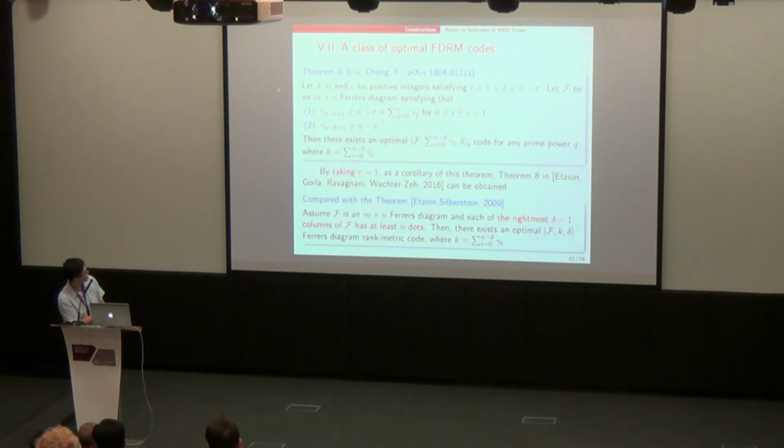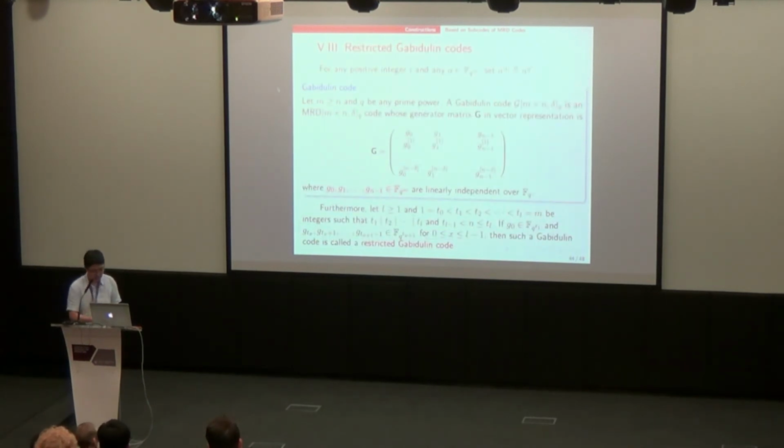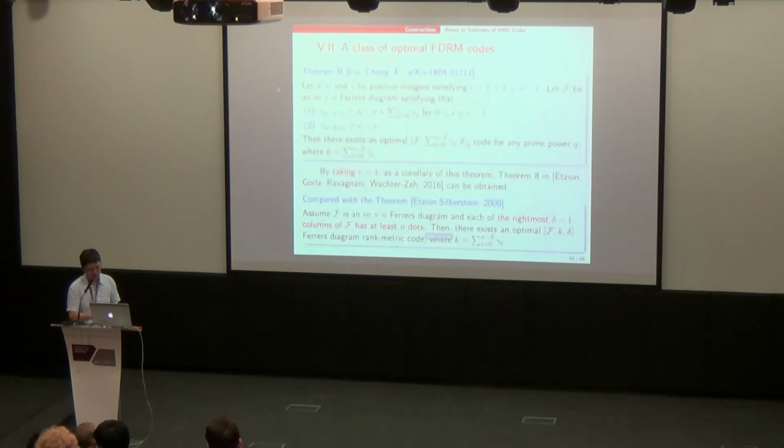You can compare it with the original theorem. It says that if each of the rightmost columns of F has at least n dots, here we relax this n to n minus r.